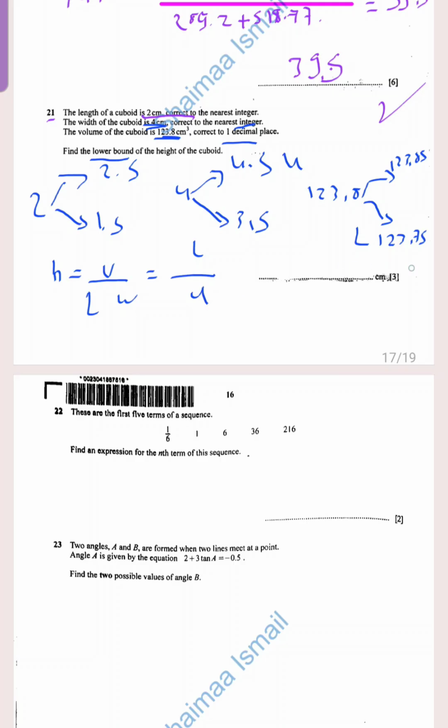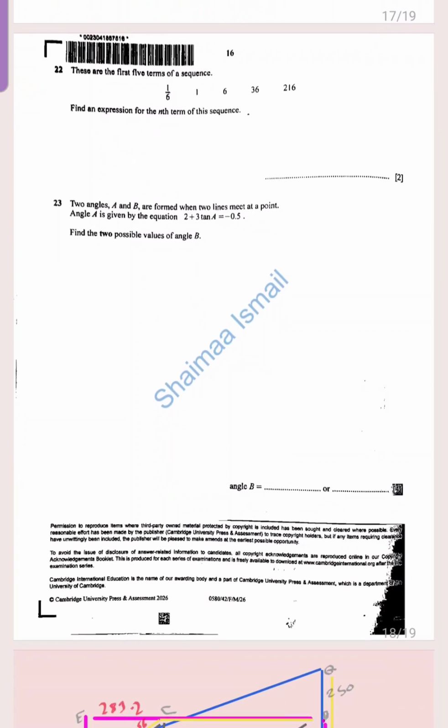So the lower bound of the volume, 123.75 on your calc, dividing by the upper, just to get a smaller part, so it's 2.5 multiplying by 4.5, which equals 11. I wish you get this easy question.